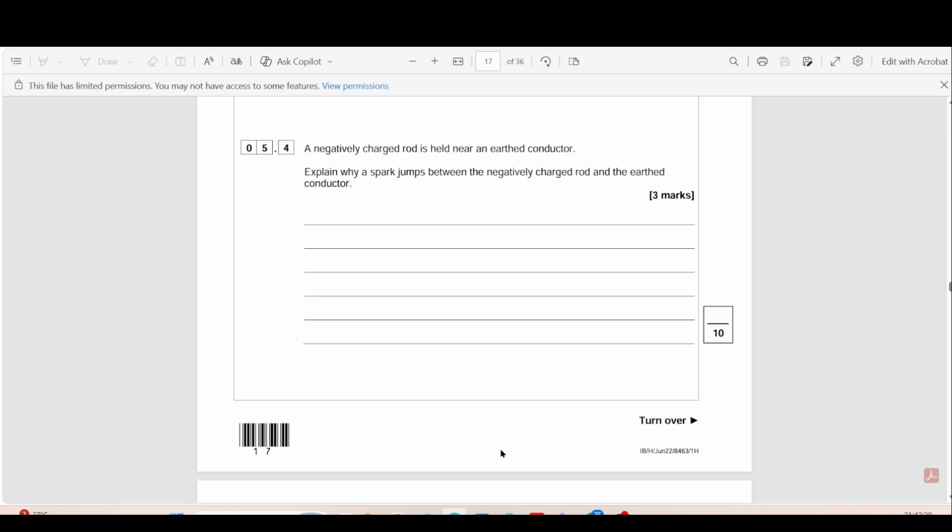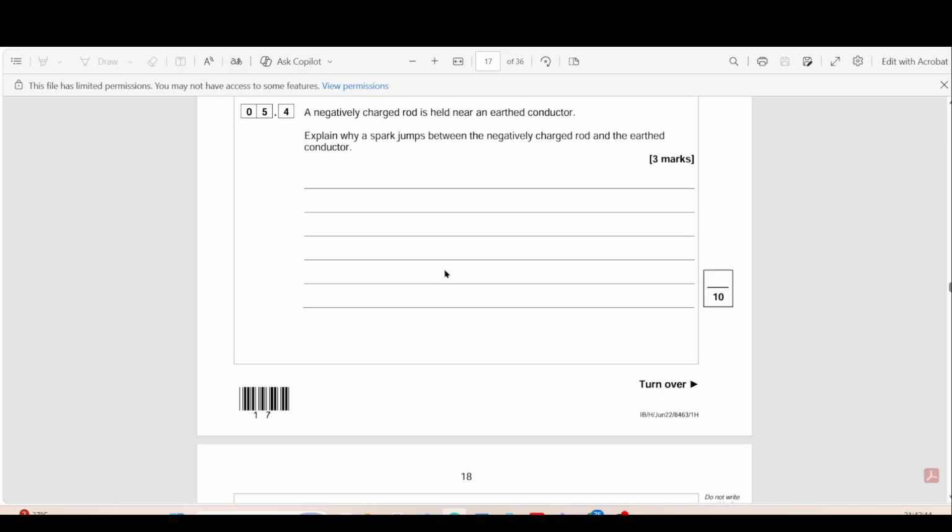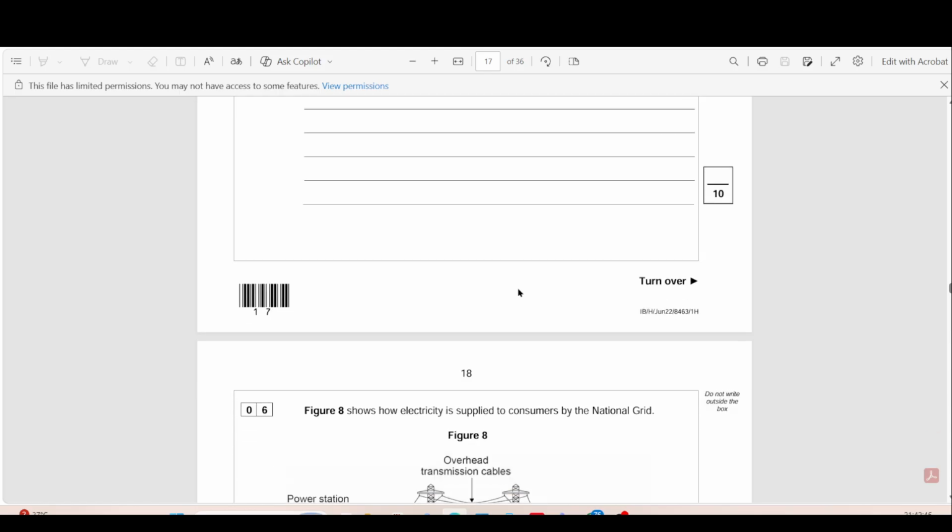Once the air becomes conductive, the excess electrons on the rod rapidly flow across the gap to the earthed conductor and neutralize the charge, which creates a visible spark. So it is because of the potential difference between the two objects. Yes, there is a large potential difference.